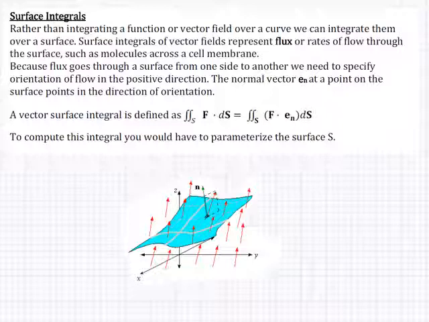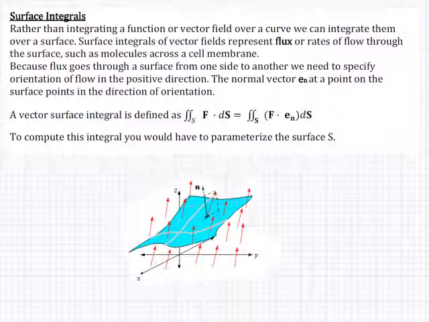In Calc 1 and Calc 2, you dealt with single integrals only, in which you integrated a real function over an interval. But in Calc 3, we've talked about double integrals, where we integrate a real function over an area. We've talked about triple integrals, where we've integrated a real function over a volume.